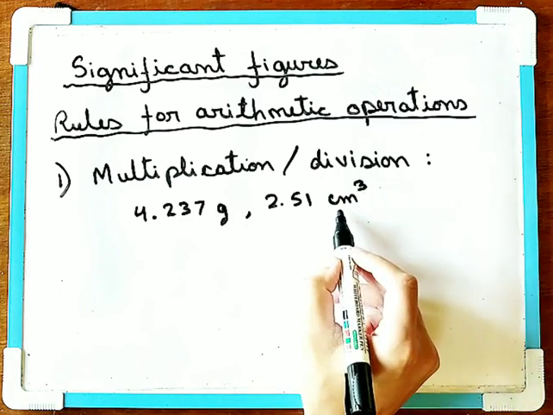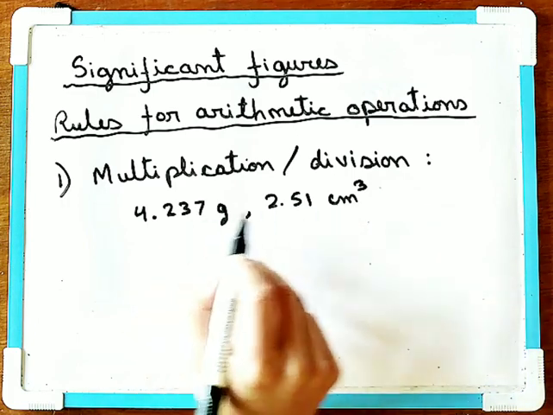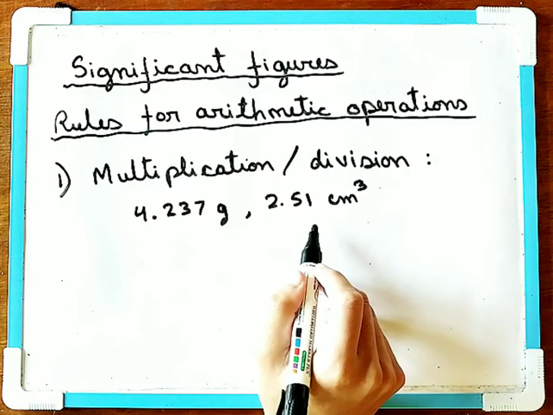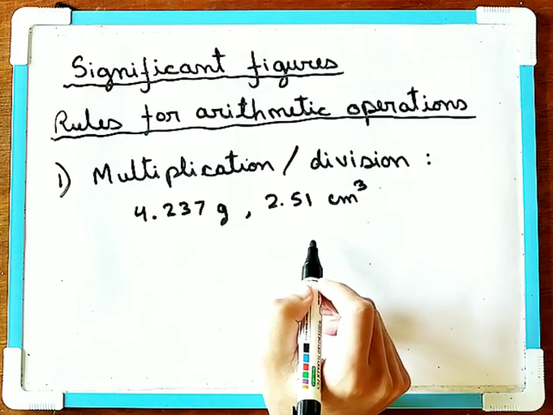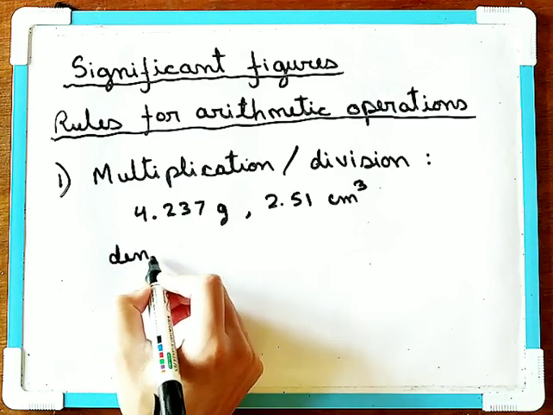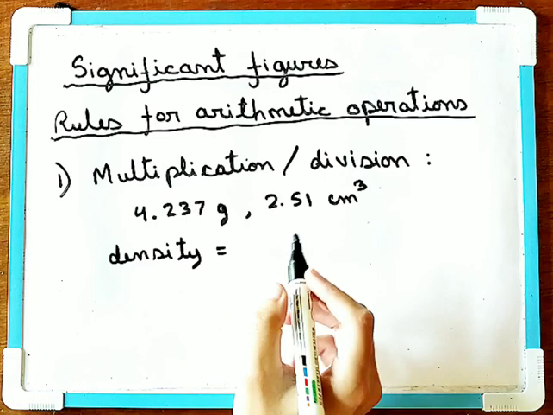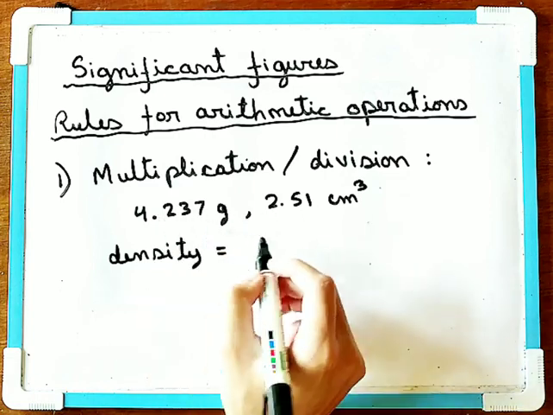Now this is the unit of volume. So we have two quantities, mass and volume, say of an object. Now if you want to find the density of the object, then we have to divide mass by this volume.